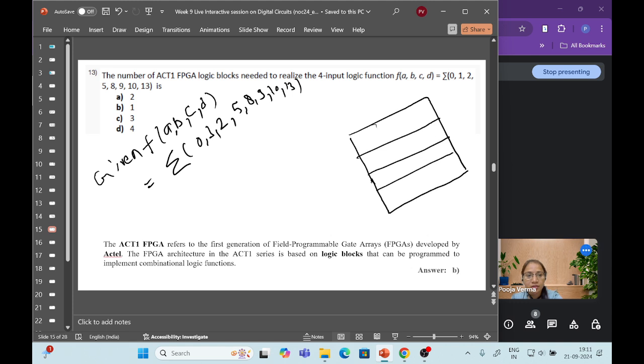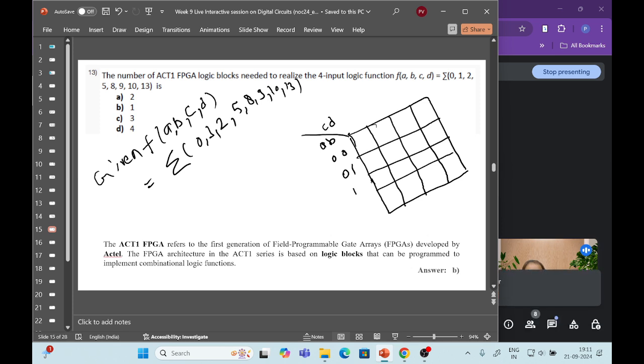What will be the logic function? How to solve this one?